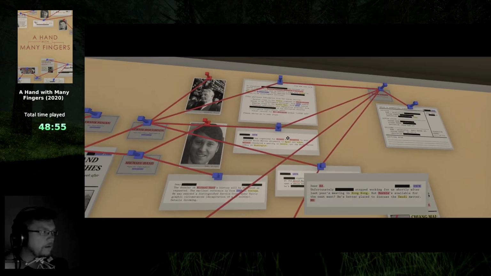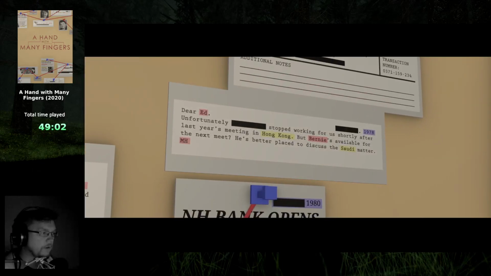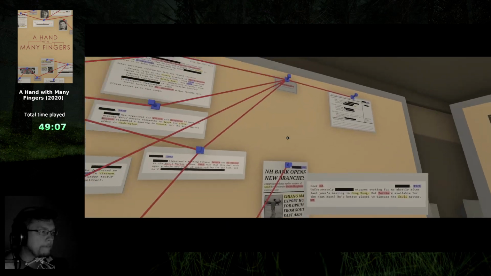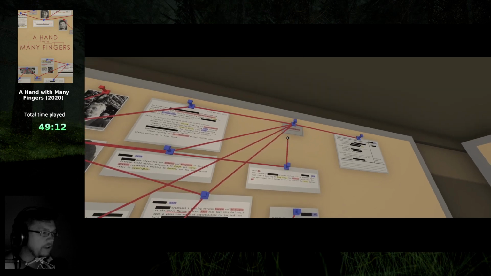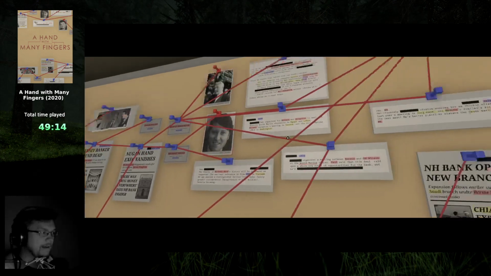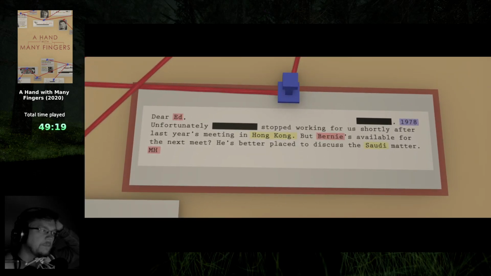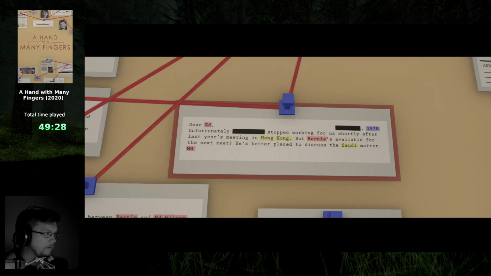Michael Hand and... No, they don't have a prior contact according to my mess of a cork board. Now you have a history with him. Bernie, Middle East, '78.